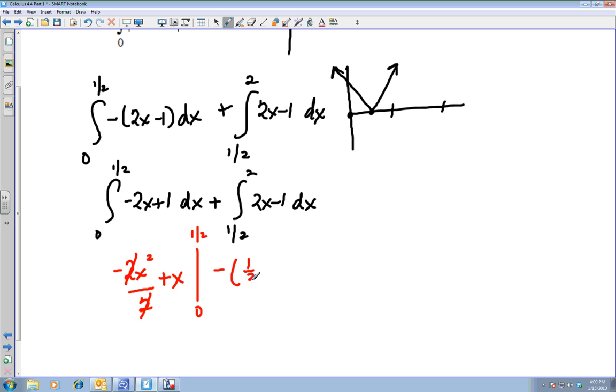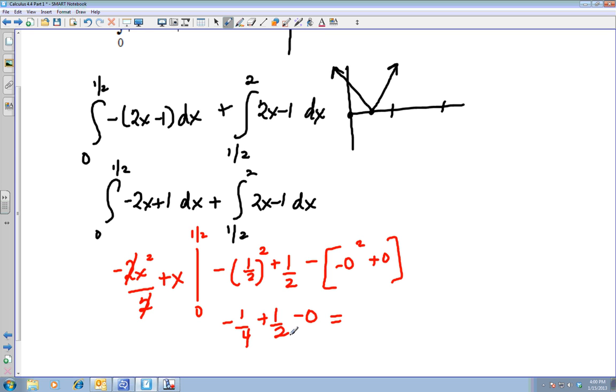Negative 1/2 squared plus 1/2, minus, now I'm going to plug in 0: 0 squared plus 0. So I have my negative out in front. 1/2 squared means 1/2 times 1/2, which is 1/4, plus 1/2 minus 0. And negative 1/4 plus 1/2 means negative 1/4 plus 2/4. So my answer is 1/4.